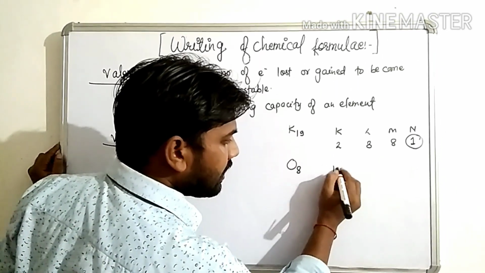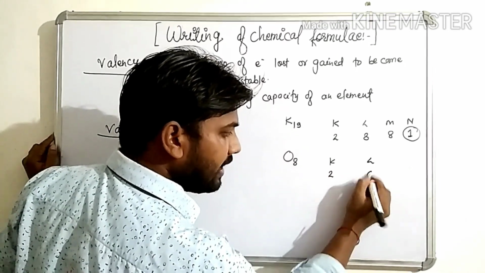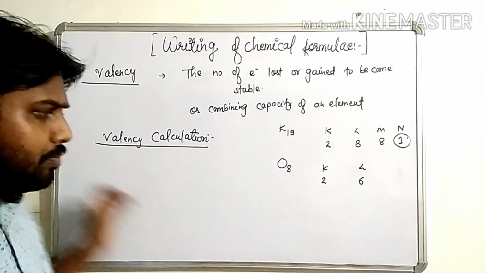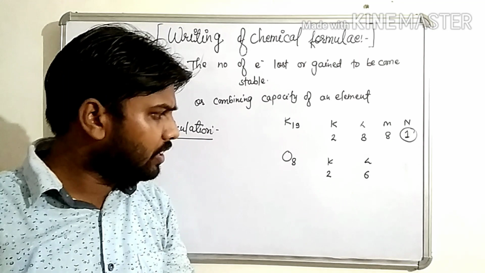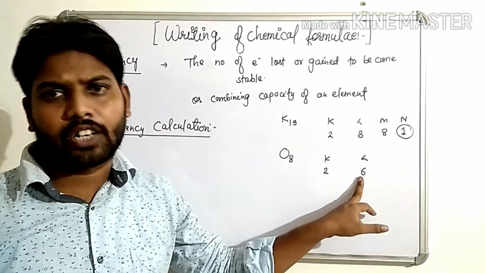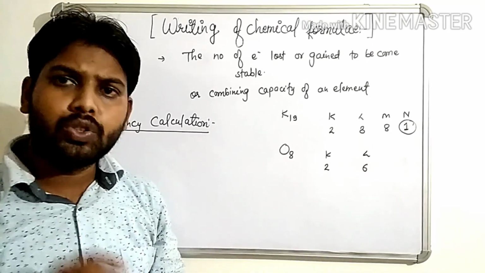Oxygen, atomic number 8. Now first it will occupy 2 electrons and then 6. Children, oxygen also wants to become stable, but in the last shell there are 6 electrons, so it is not possible to lose 6 electrons.